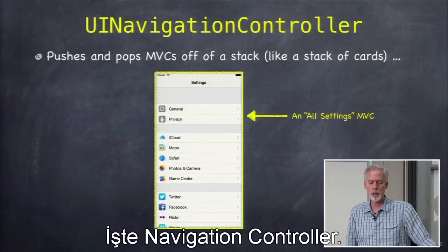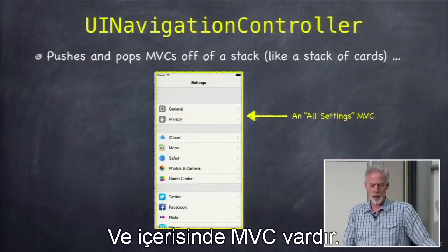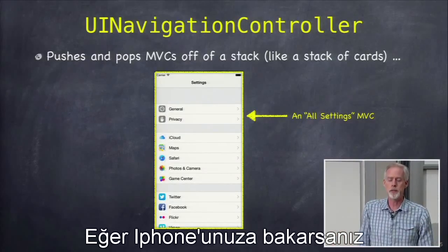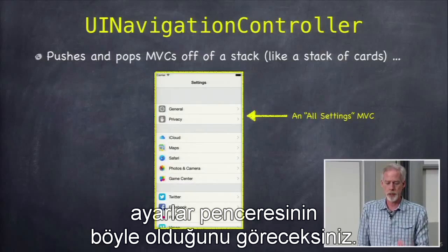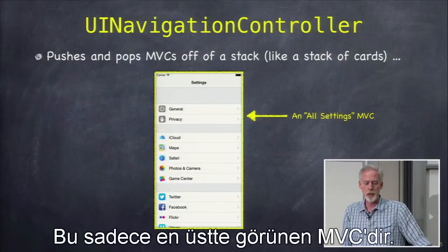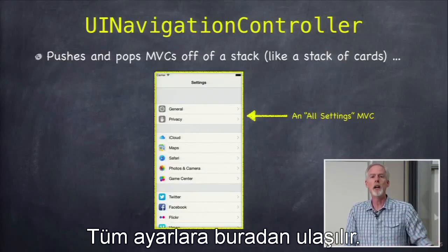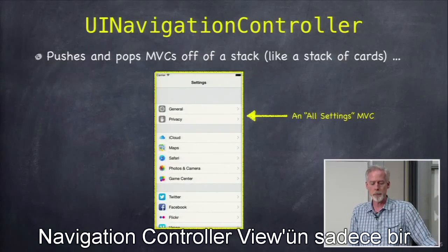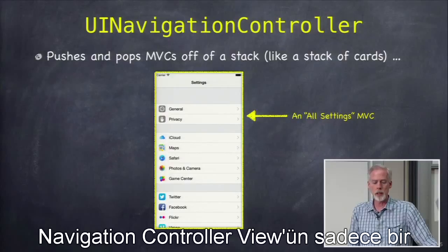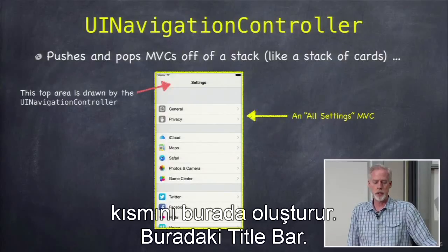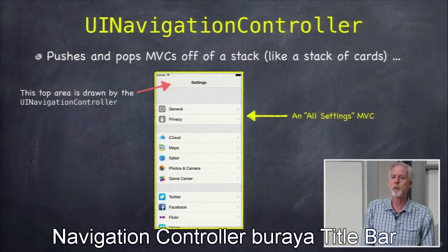So here's a navigation controller, and it's got an MVC in it. This is the all settings MVC from your device. If you go look on your iPhone or whatever, you'll see the settings app looks like this. So this is just an MVC that's kind of the top level, has all the settings accessible from here. Now the navigation controller is drawing only a little part of its view here, which is that title bar.